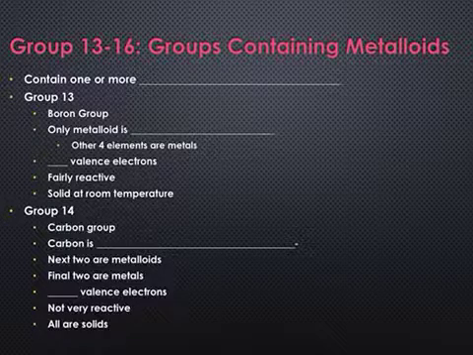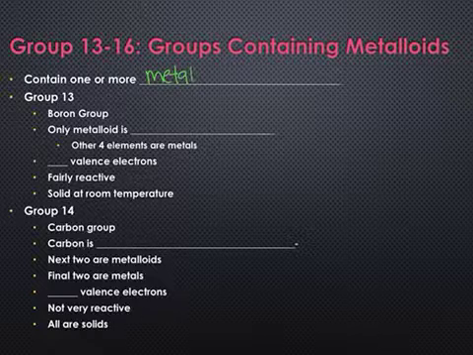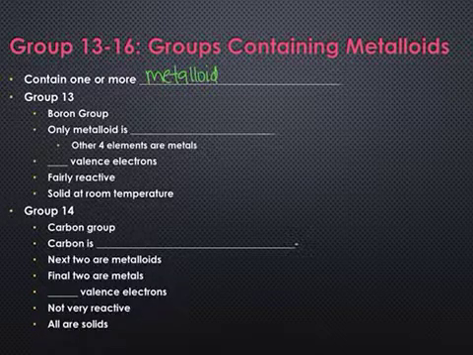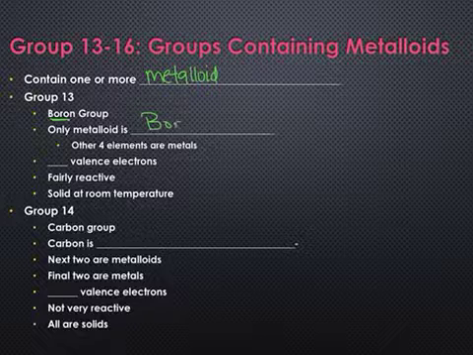So groups 13 through 16 are groups that contain metalloids. They contain at least 1 or more metalloids. Group 13 is known as the boron group because boron is the top element in that group. The only metalloid is actually boron in this group.